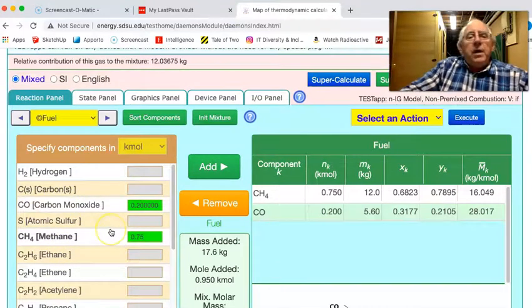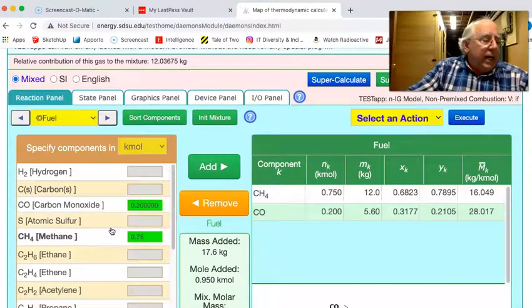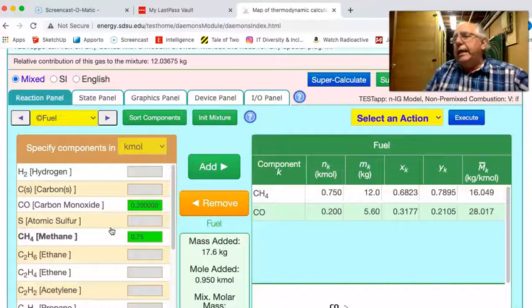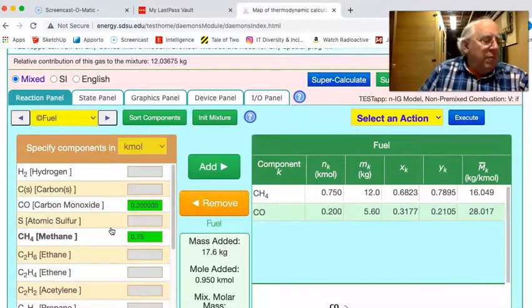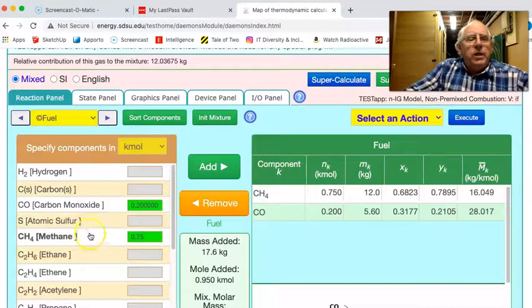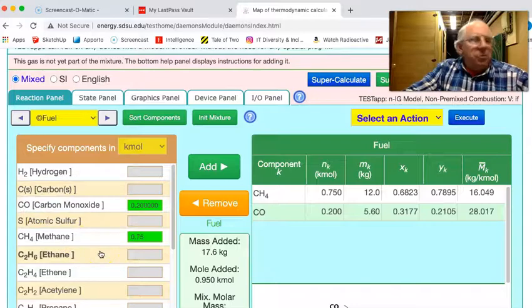Okay, so in this particular case, it's not allowing me to put in the 5% oxygen and the 5% nitrogen. Okay, and so all I've been able to do then is put in the methane and the carbon monoxide. Okay, and so that's something that we're going to have to contend with in this particular problem.